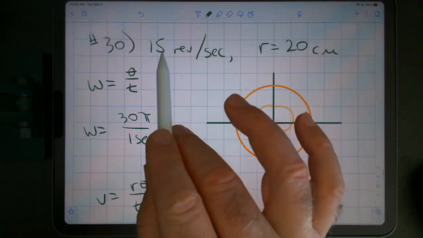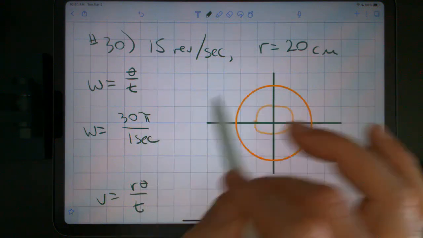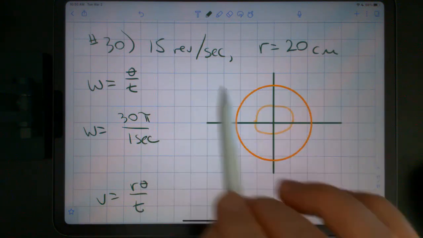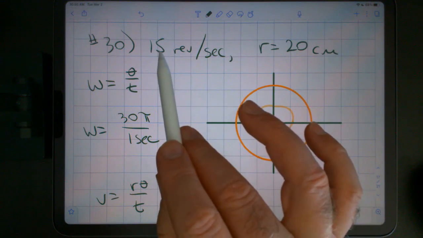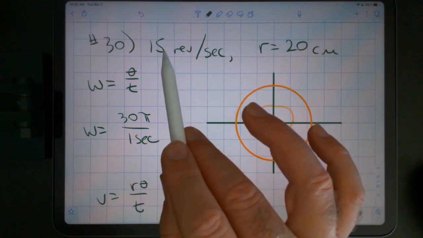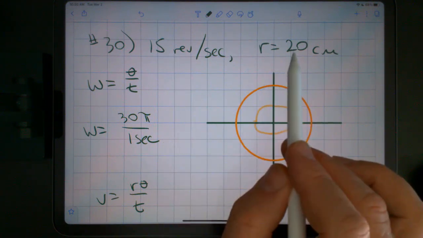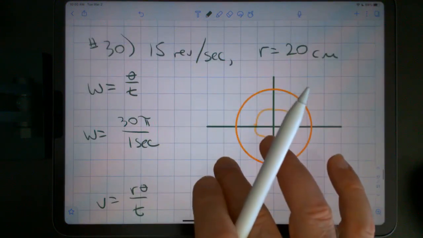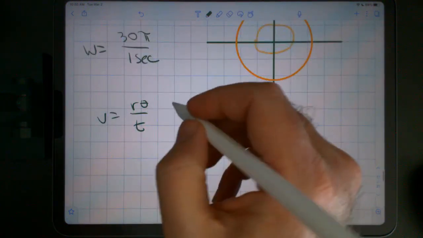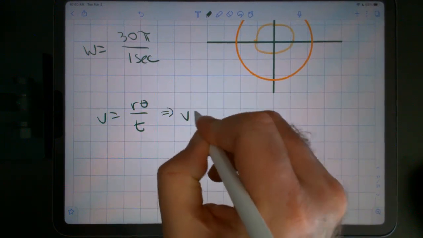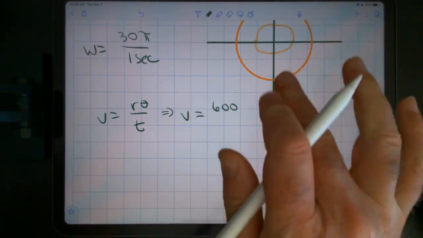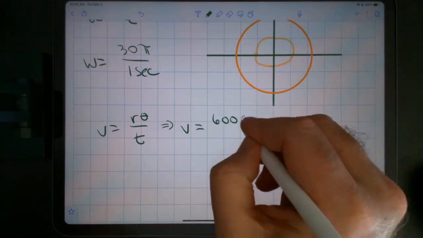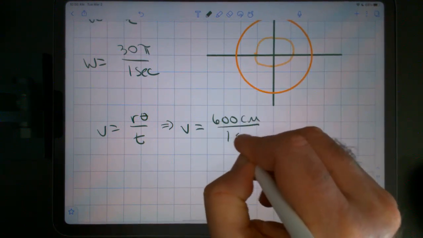So because we're going at 15 revolutions per second, our theta is going to be 15 times 2 pi, which is 30 pi. 30 pi times the r is 600. Include your units and your time.